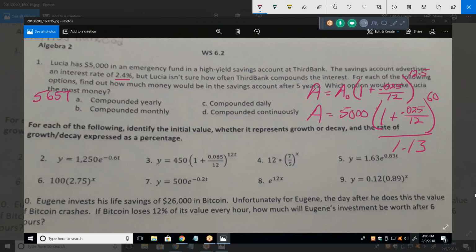Now, to get the correct answer for the other, I'm going to do 0.025 divided by 12, add 1, take that to the 60th power, multiply that by 5,000, and I get 5,665.